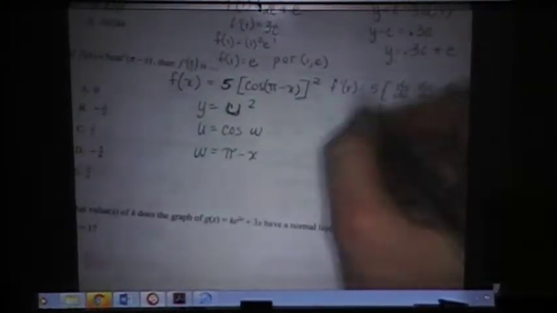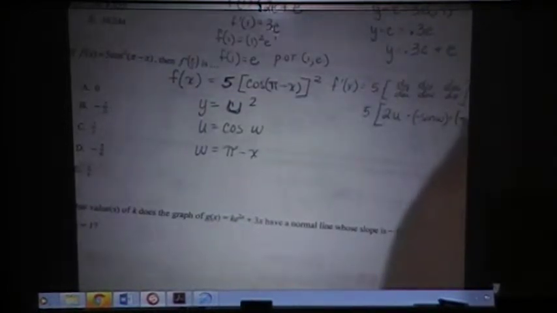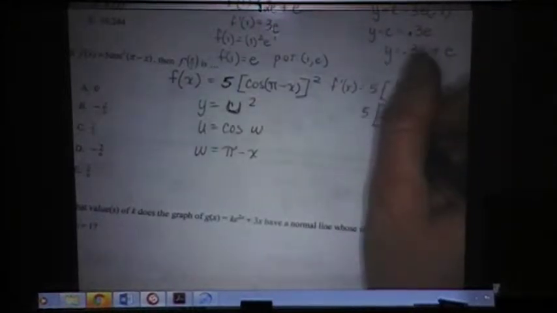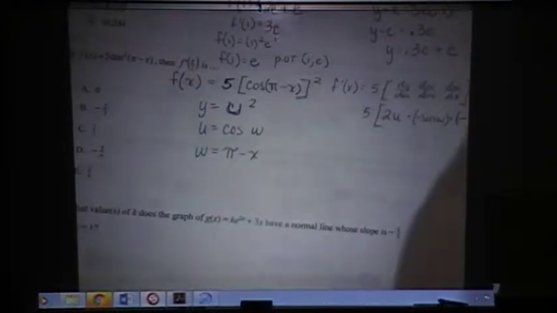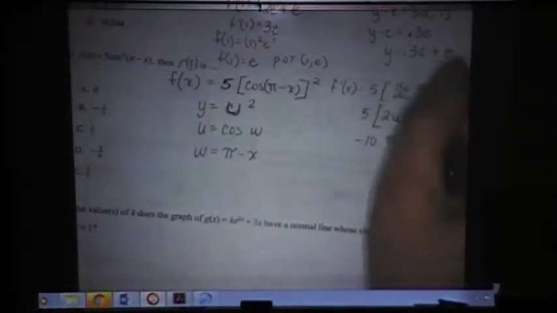Okay, so now I'm going to go back and plug in all the pieces. I'm going to multiply by my negative 1. I'm going to multiply 5 times 2, which gives me 10, and then by the negative 1, so I should have negative 10.